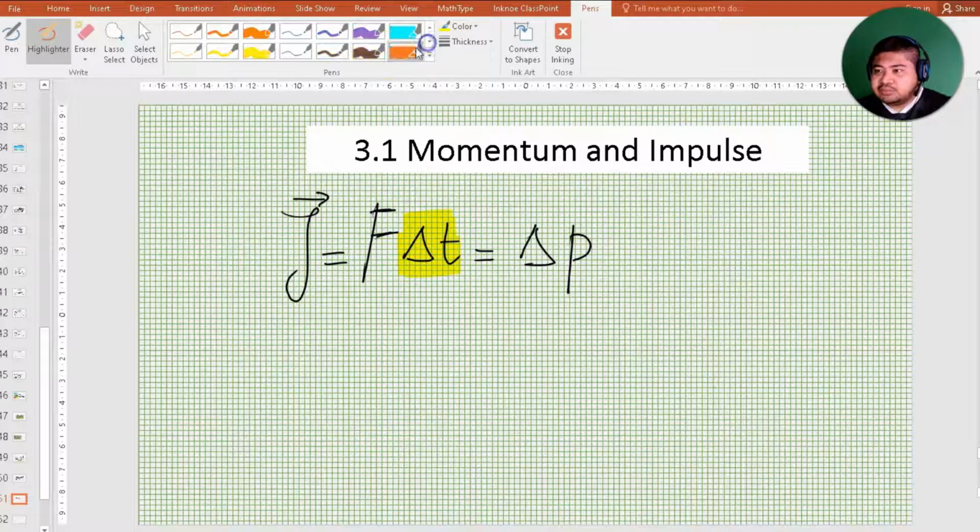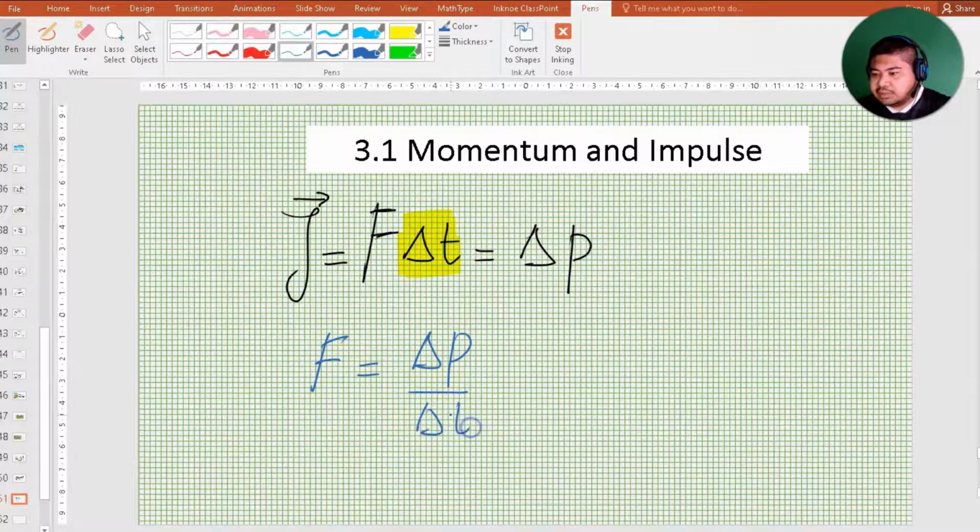So that sums up what we have discussed before. If we rearrange the equation, the force applied equals change in momentum over delta t. If your change in momentum happens in a short period of time, so delta t is small, the force you apply to the object is huge.